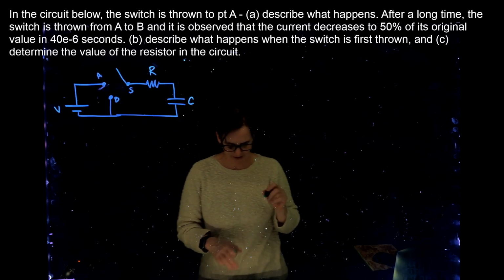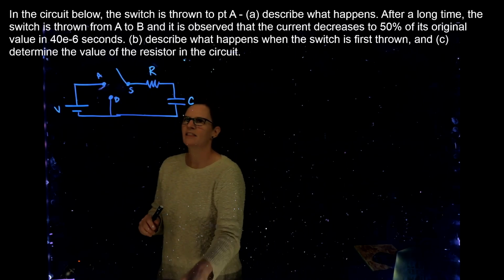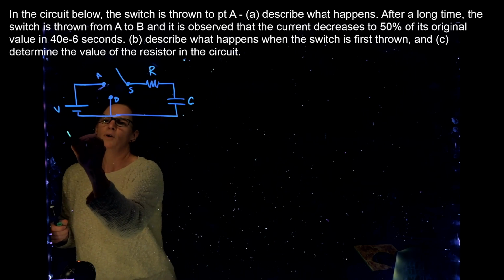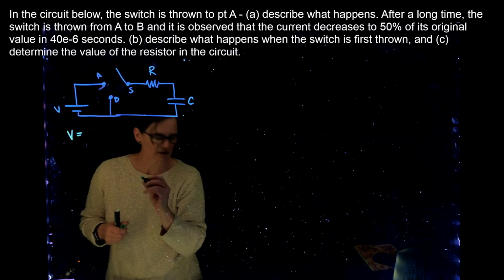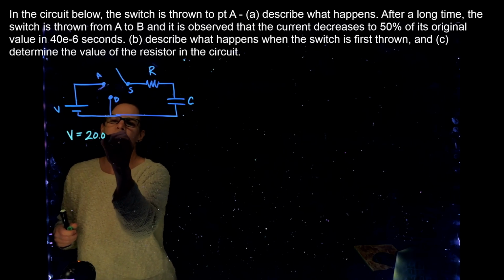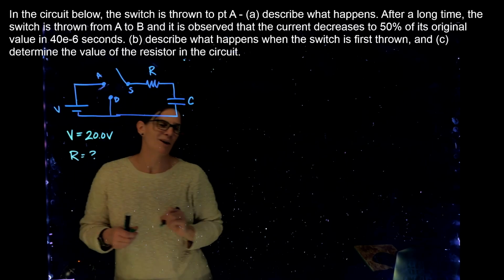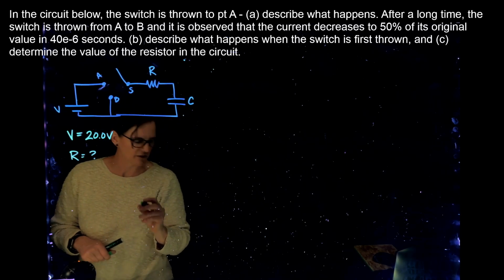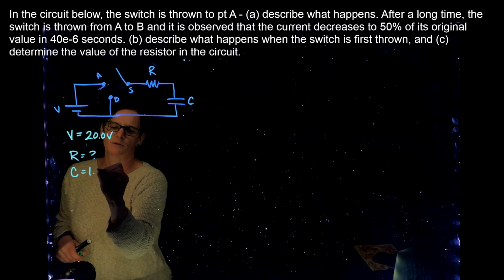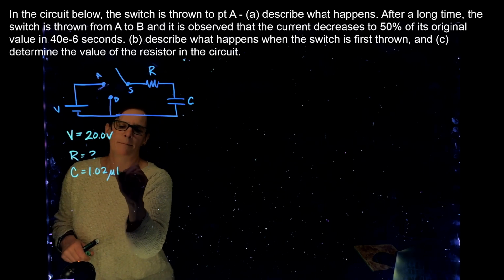Here's our capacitor. We are given that the voltage of the source is 20 volts. And the resistor is unknown. That's the question that's being asked. The resistor is unknown. And the capacitance is equal to 1.02 microfarads.